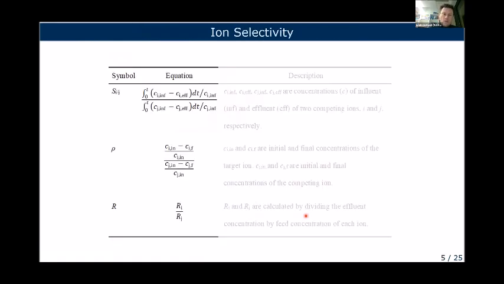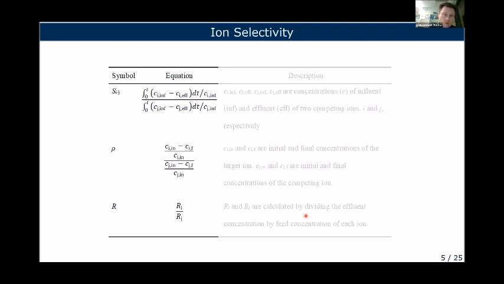Before I do so, no need to read the whole table, of course, but a few aspects related to how to define ion selectivity. There are several ways, and that also makes it, as always when you try to have an overview of a certain field, a bit complex. But the top two, which are S and rho, focus a lot on the influent versus the effluent ion concentration.